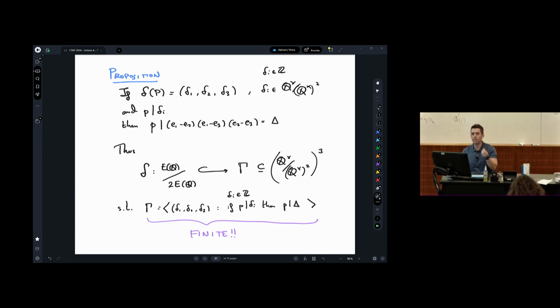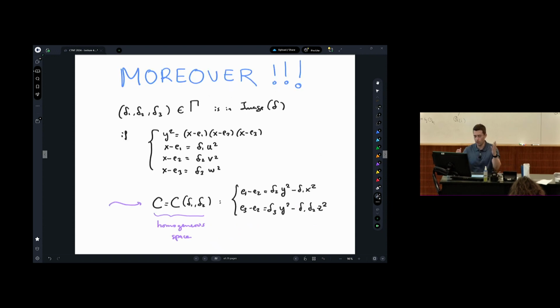Once I have an element in gamma, a triple delta 1, delta 2, delta 3, how do I know if it actually comes from a rational point of infinite order? So here it is. Moreover, if something is in the image, then it is a solution of this equation that we had before.